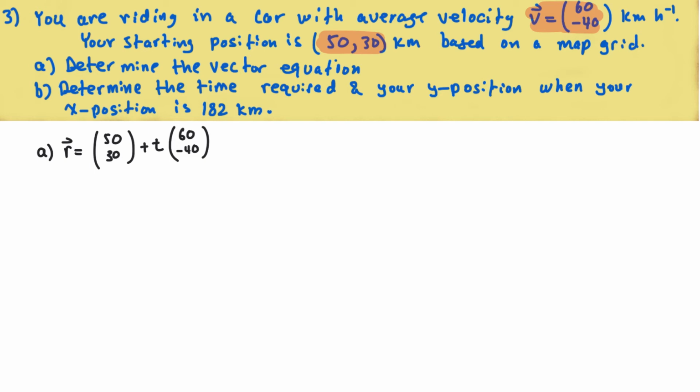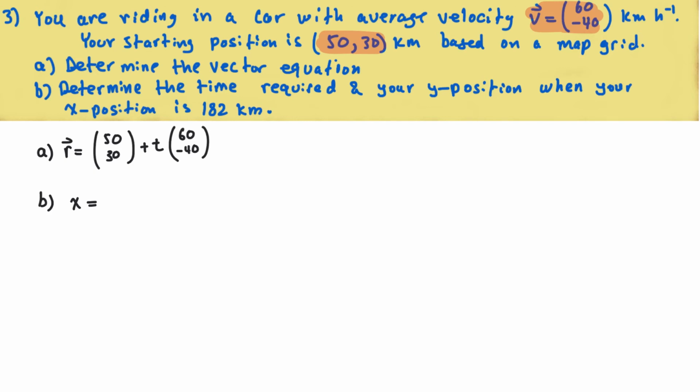Once we have our equation, this is the vector equation, we want to determine the time required and your y position when your x position is 182 kilometers. Okay, so we're given our final x position. To do this question, we can leave it in vector form, but I like to write these in parametric form.